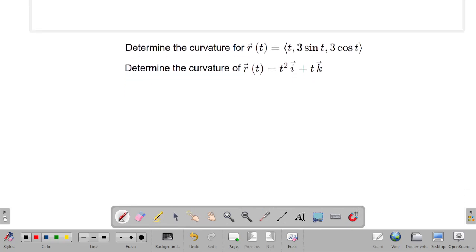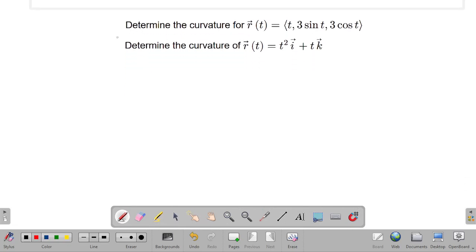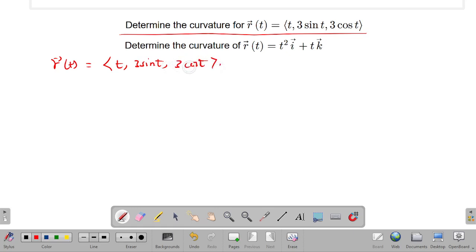Determine the curvature for r of t equals t, 3 sine t, 3 cosine t. How do you find the curvature of this?